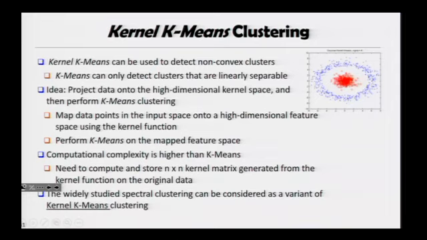One is, of course, extra space cost, because you need to store the kernel transformation results, which is basically an n by n kernel matrix telling you how similar any two data points in the dataset are in the kernel space. Besides this space cost, you also have extra computational cost because of the kernel transformation, which I will introduce shortly.